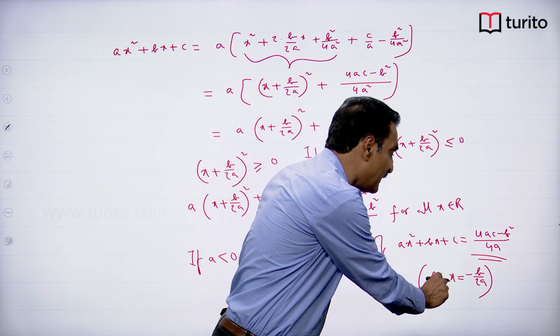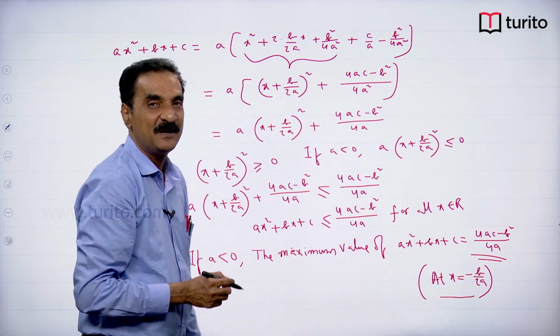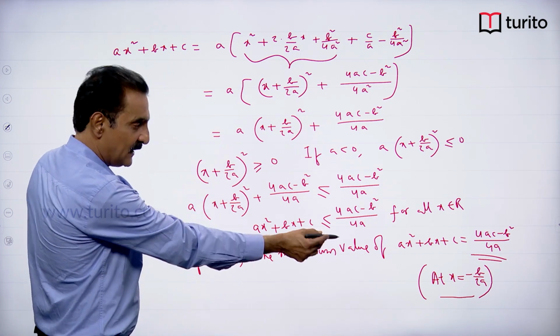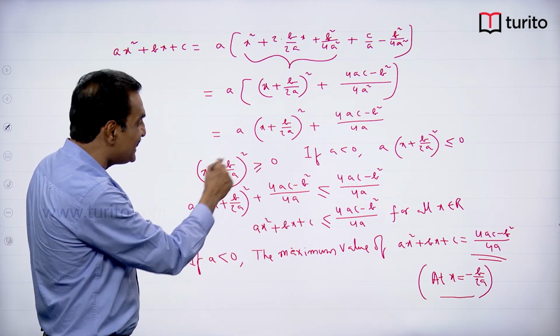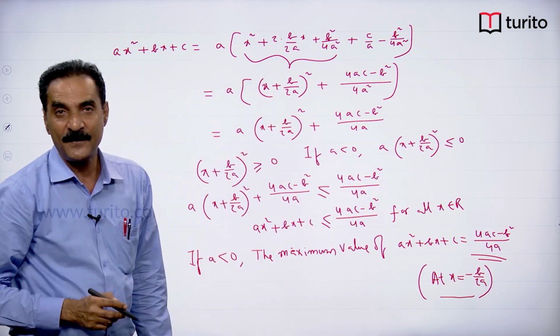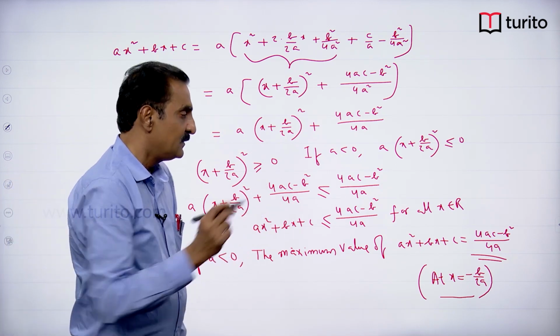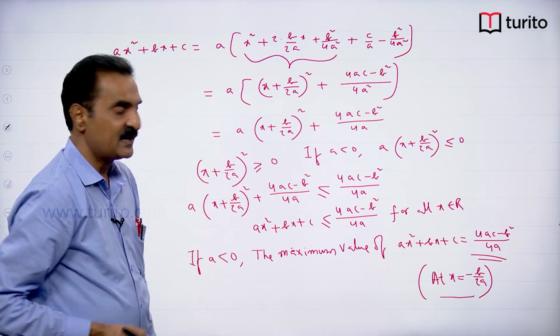And this maximum value also occurs when x is equal to minus b by 2a, because the maximum value occurs when this is equal to 0. For what value of x? X is equal to minus b by 2a. So you can note down these statements.